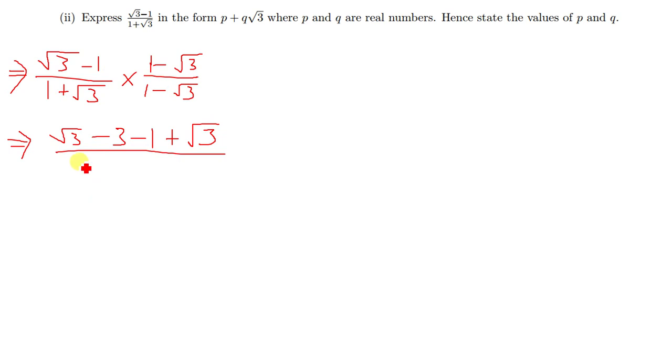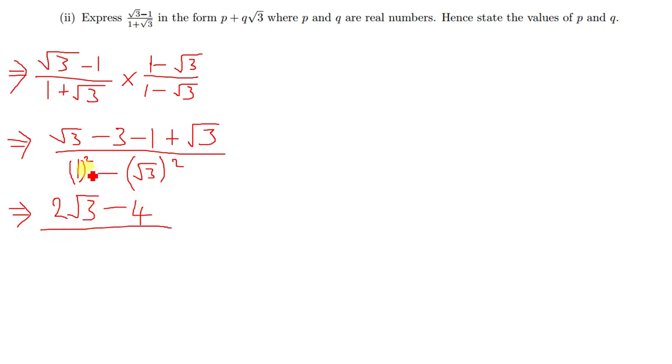If it's the difference of two squares, it's just 1 squared minus the root of 3 squared. So from there, you add root 3 plus root 3, you get 2 root 3, and then the other terms will give you negative 4.